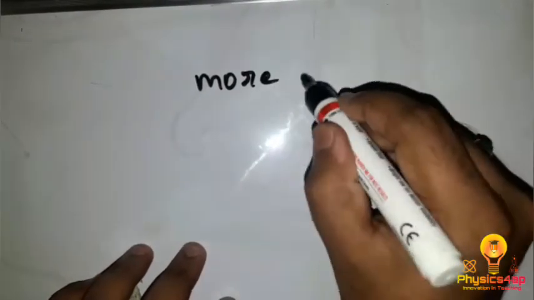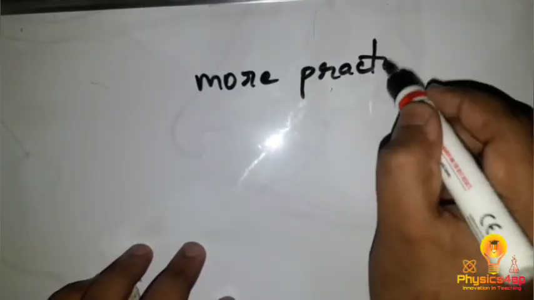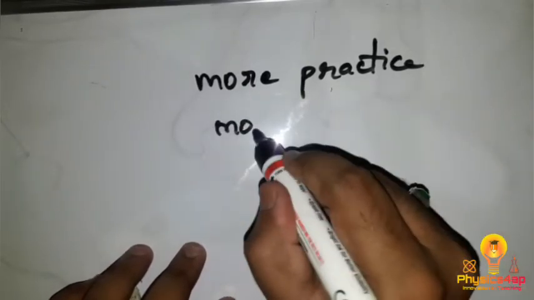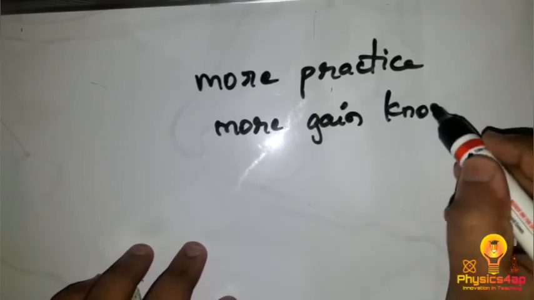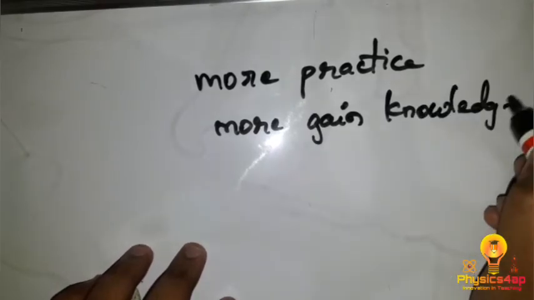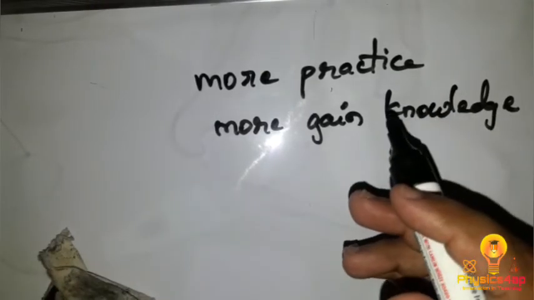Today we have seen drawing the structures, and in the previous video we saw how to give the names. So the main thing is you need to get more practice. The more you practice, the more you gain knowledge. That is what we say: practice makes a man perfect.